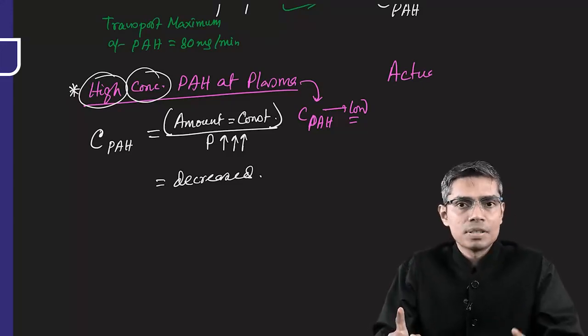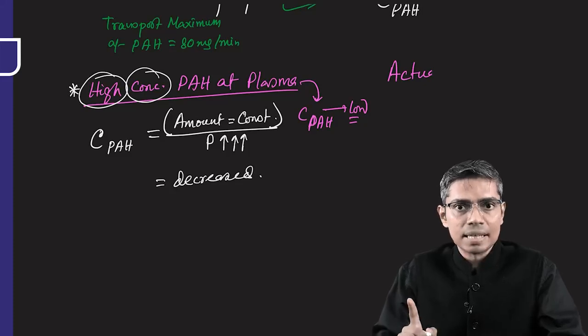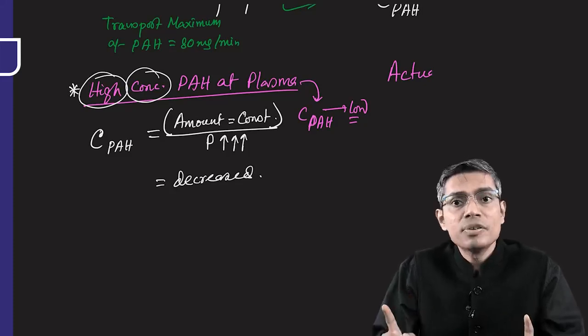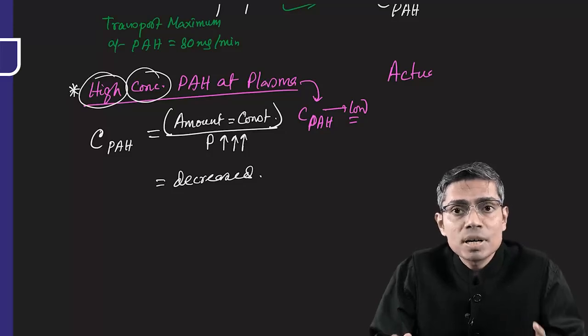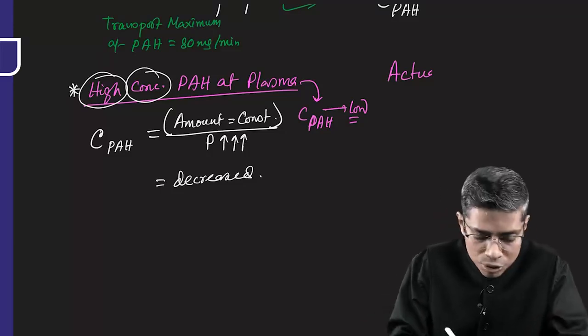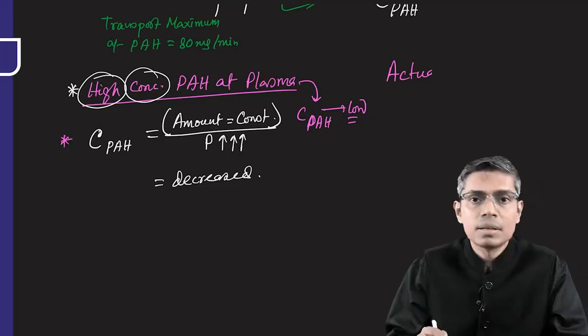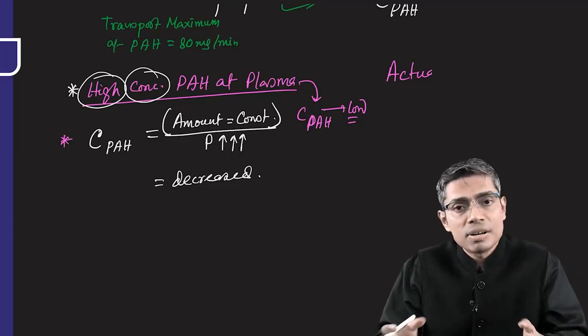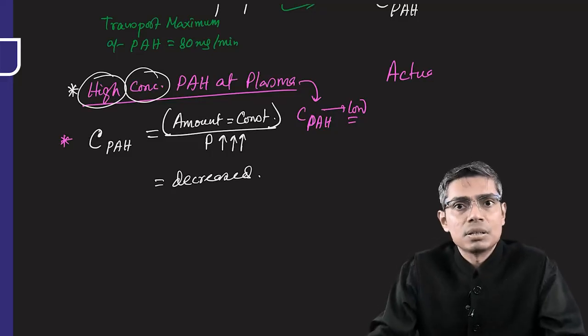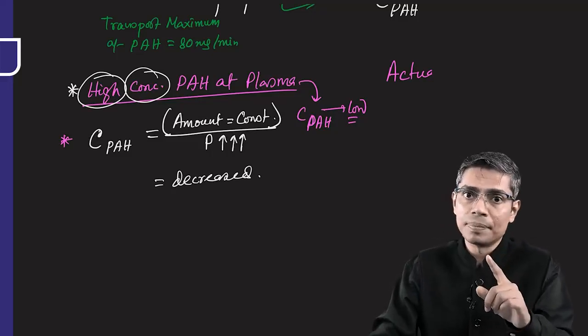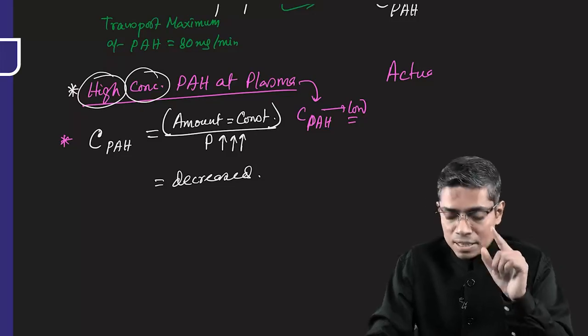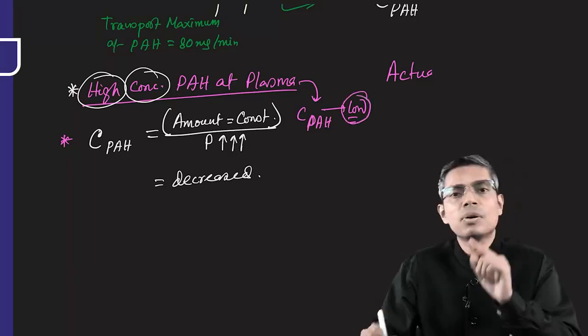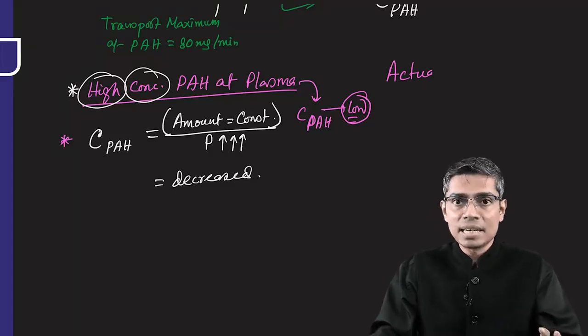Why? Because whenever you are measuring clearance of PAH, you want to assess the renal plasma flow. So you are measuring the clearance of PAH, but suppose by mistake you have given a huge amount of PAH injection. That will cause a problem, because a huge amount of PAH means you are going to get a low value of clearance.